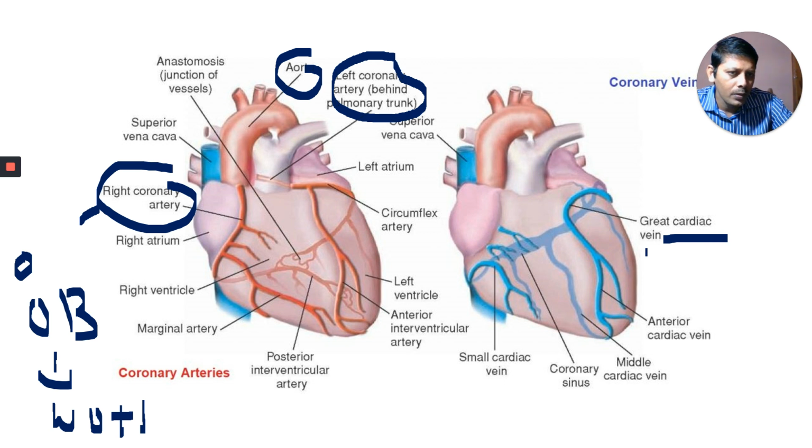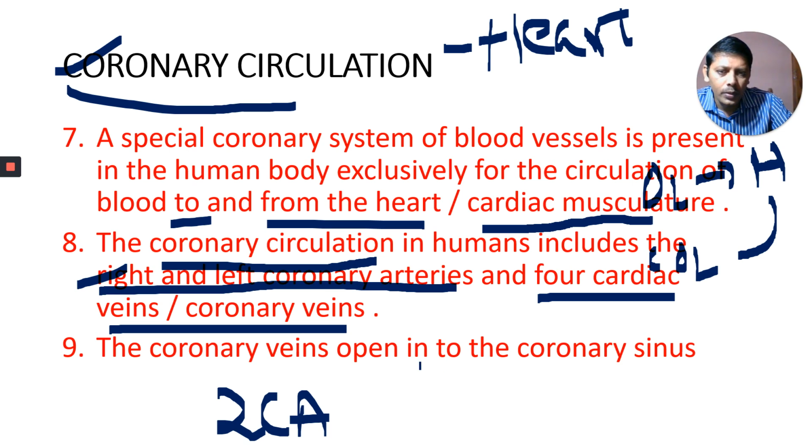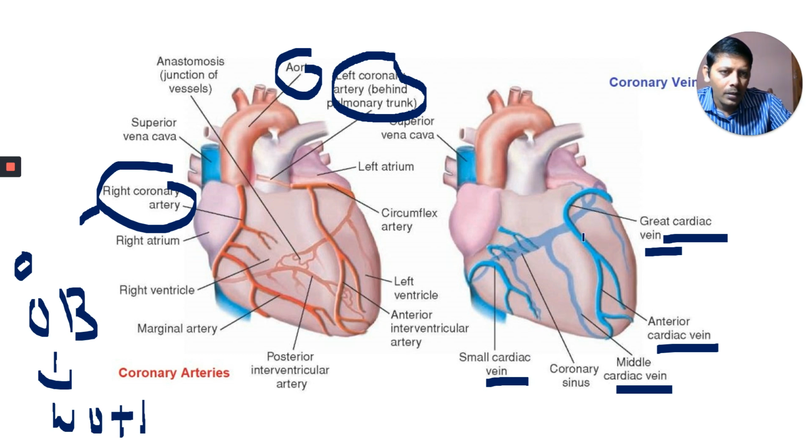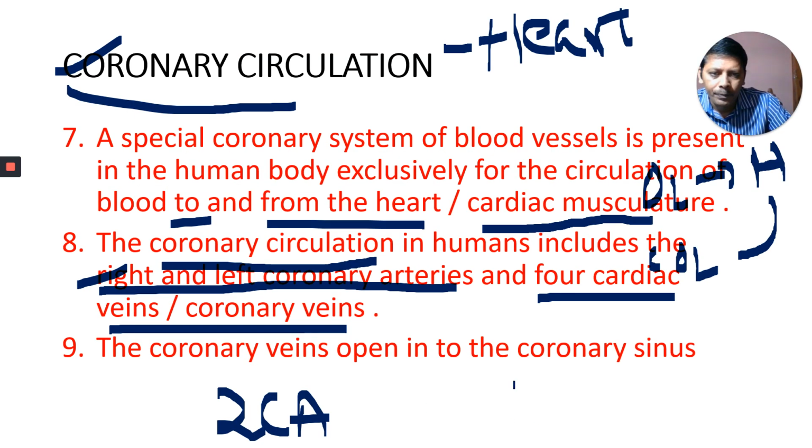You can observe here the great cardiac vein, anterior cardiac vein, small cardiac vein, and next the middle cardiac vein. These all coronary veins open into the coronary sinus. They are all opening into the coronary sinus.